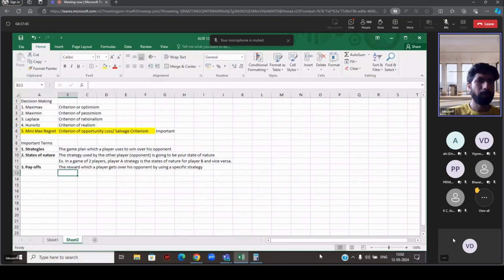Are you getting my point? The reward which a player is going to get over his opponent by using a specific strategy is called the payoff. And there is a note.